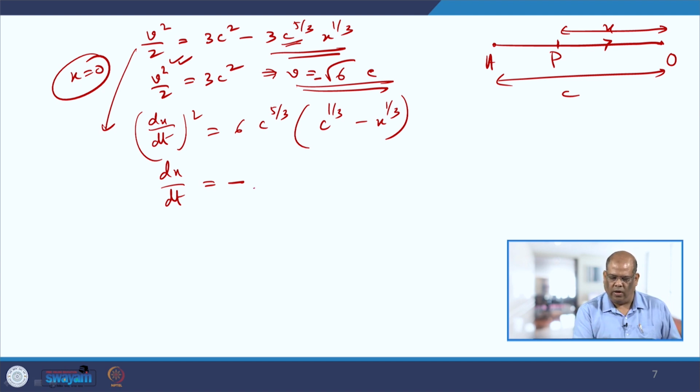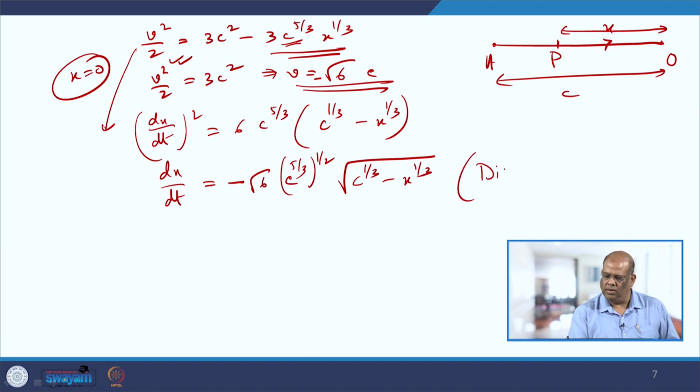So, this is going to be root 6, this is c to the power 5 by 3 to the power half, and this is square root of c to the power 1/3 minus x to the power 1/3. And you write negative because distance decreases with time.